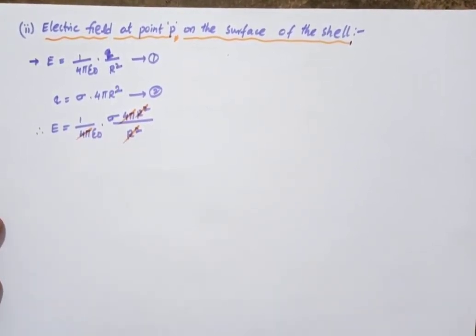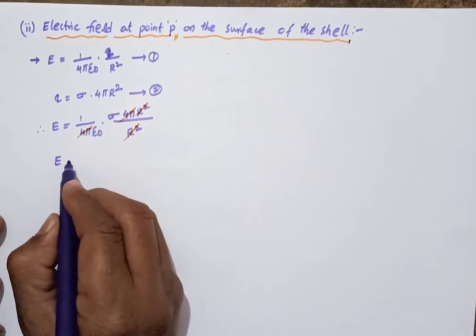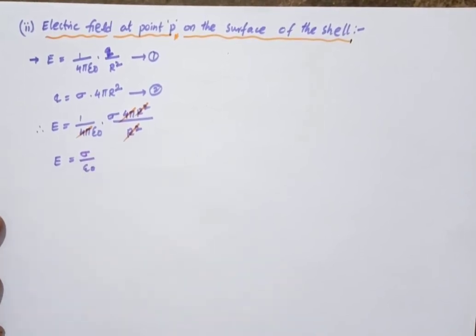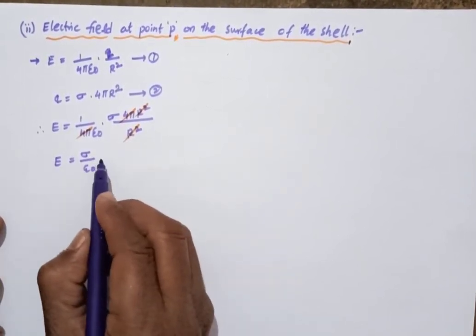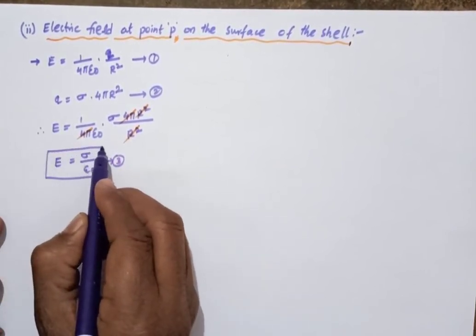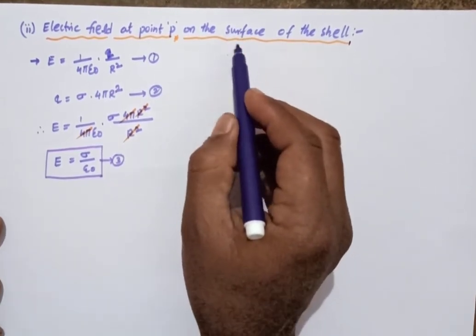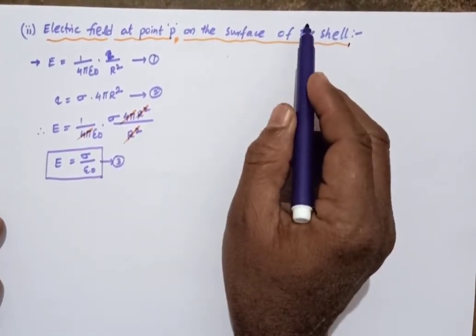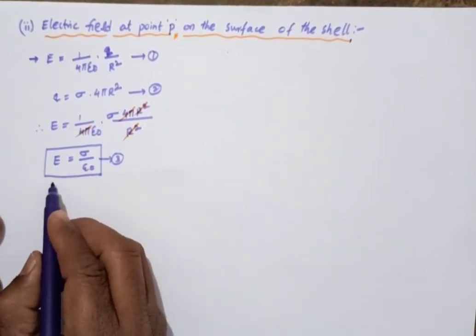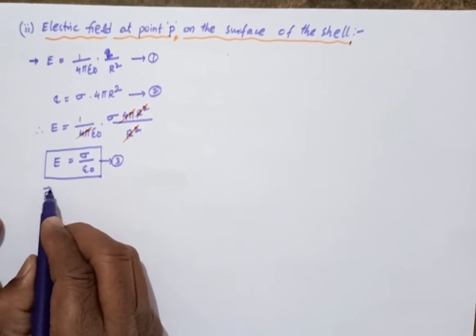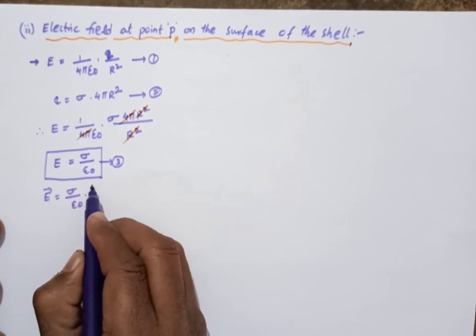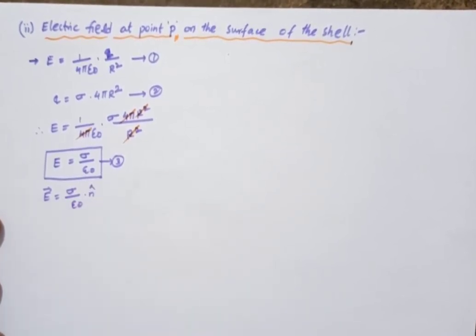So then electric field E equals sigma by epsilon naught. Okay, this is equation number 3. Electric field on the surface of the cell at point P equals sigma by epsilon naught. Vectorially, it is written as E bar equals sigma by epsilon naught into n cap. n cap is a unit vector.